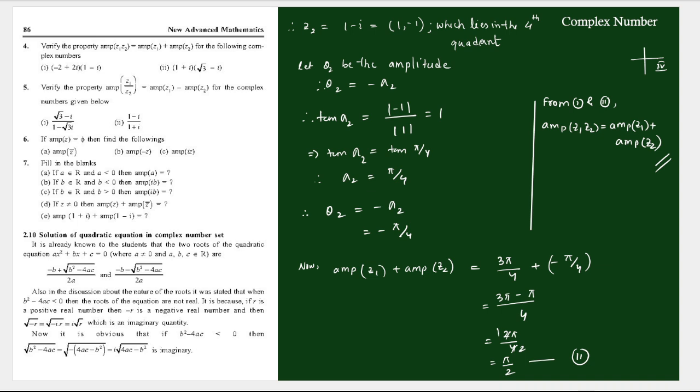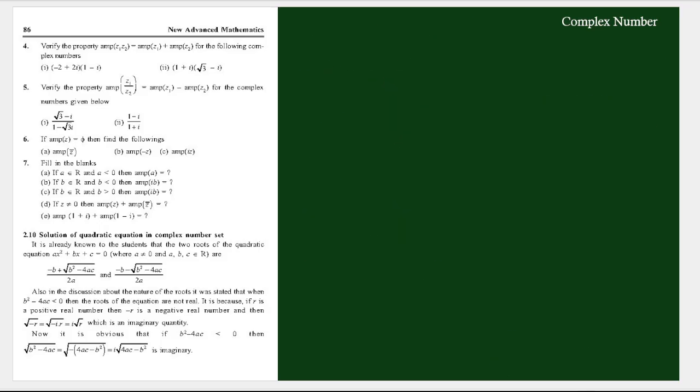देन चलो 5 करते हैं. Let's try to do number 5. यहाँ पे वेरीफाई करना है amplitude of z1 by z2 equal to amplitude of z1 minus amplitude of z2.